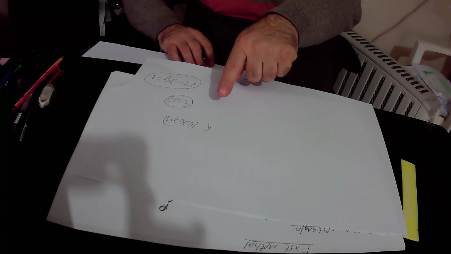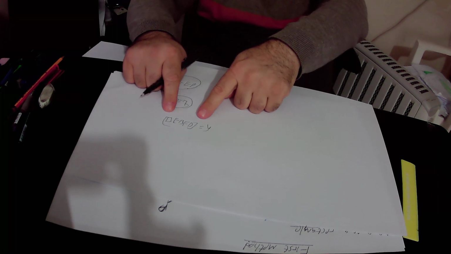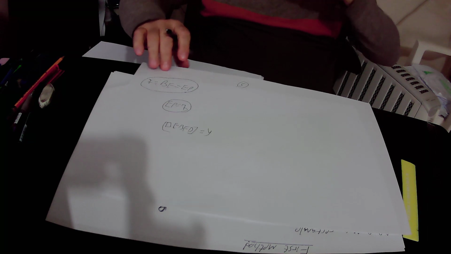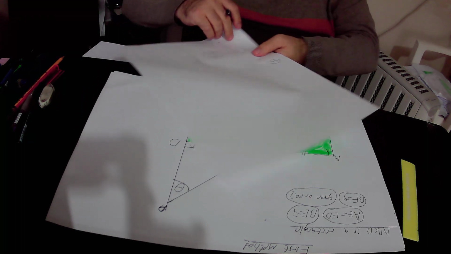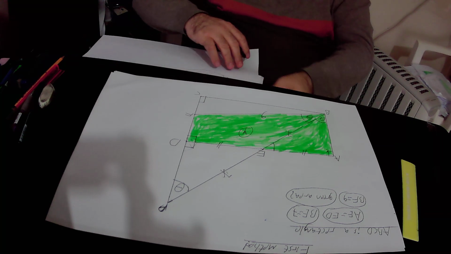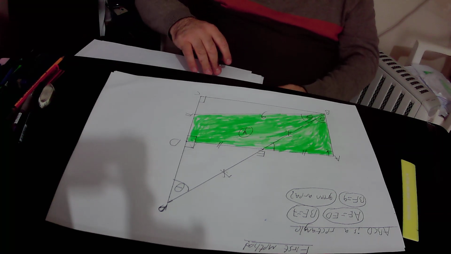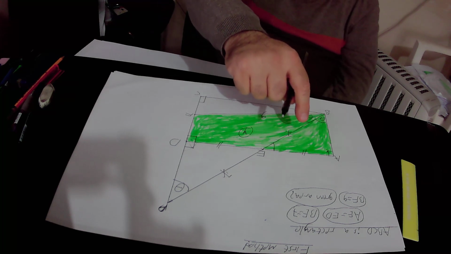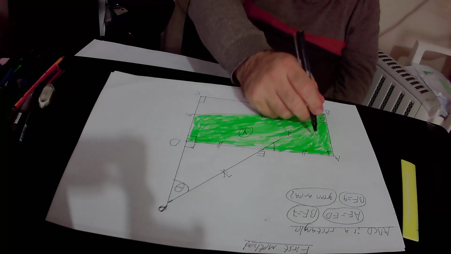The area of quadrilateral EBFD is defined as y. Double brackets are the sign of the area. And we will define the area of the green right triangle ABE as x.